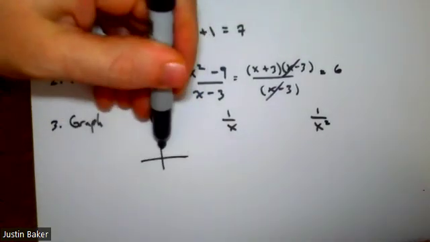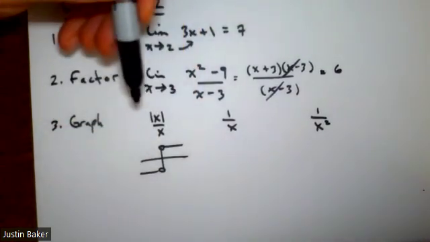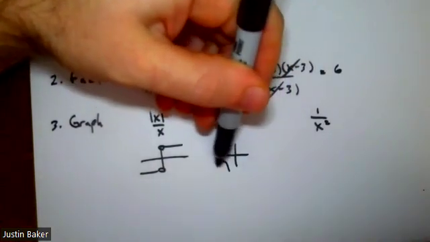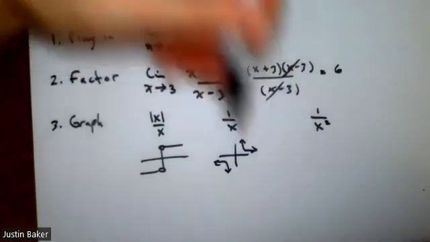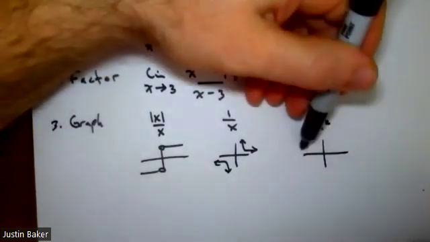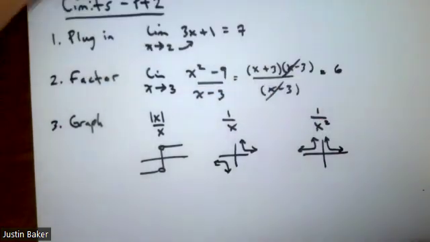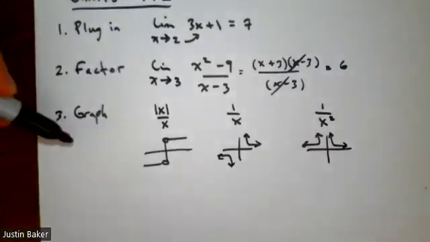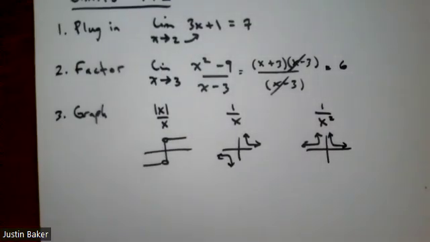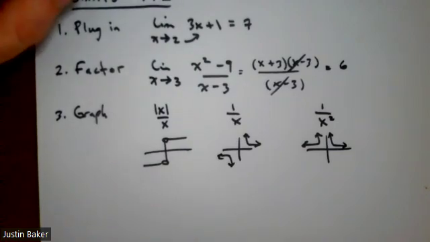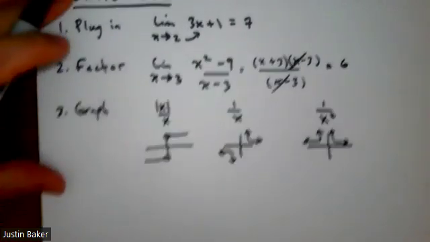We said that that graph looked something like that. This one looked like that. And the last one was that. So you could be provided a graph, or you could possibly be asked to know a graph in terms of evaluating limits. So that pretty much summarizes the first part of limits.